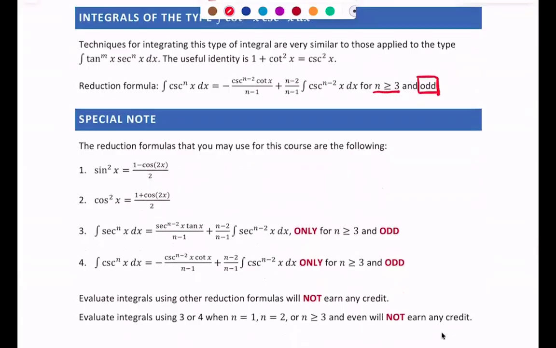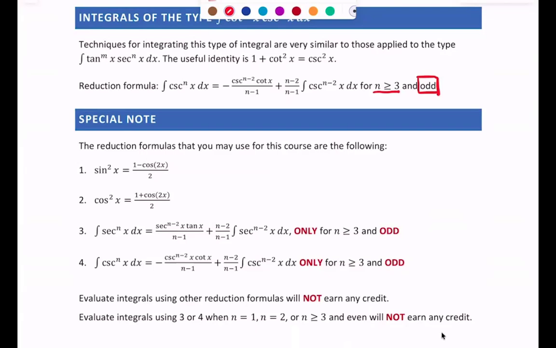Okay. So there are 6 reduction formulas like this. So you have sine, cosine, tangent, cotangent, secant, and cosecant reduction formulas, right? So all of those you're not allowed to apply because we want to check whether or not you are able to apply the integration technique.